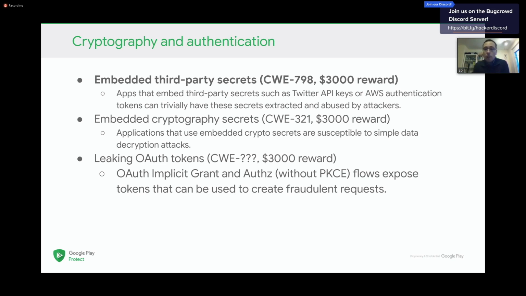There are also embedded cryptography secrets. A very common one that I'm not sure still happens, but it used to happen a lot, is that I think WhatsApp stored encrypted chat histories on the SD card when you made a backup. And apparently at one point they used the same key for every single user. So that key was obviously easily leaked because it's embedded in the application.